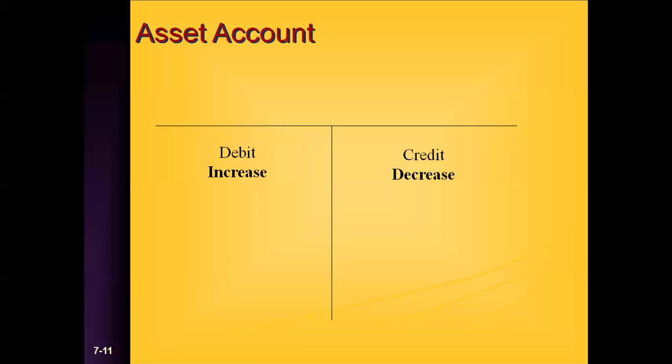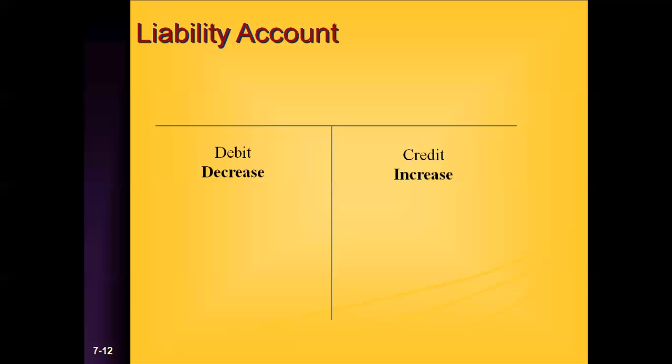Similarly, in a liability account, if there is a debit decrease, there would be a corresponding credit increase. Similarly, in an owner's equity account, if there's a debit decrease, there would be a corresponding credit increase.